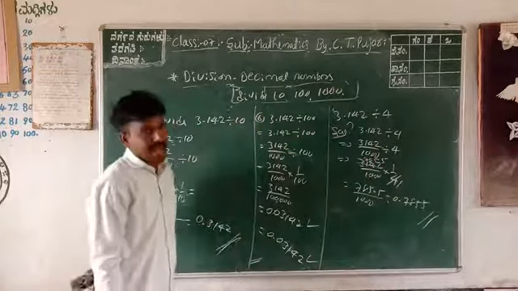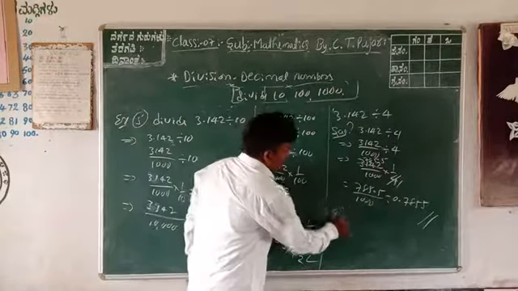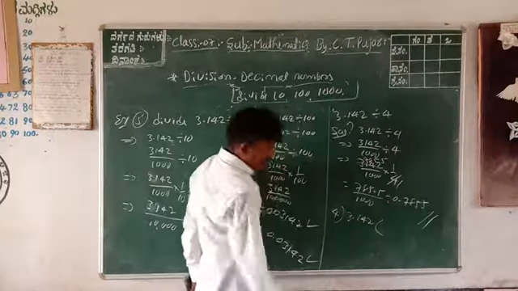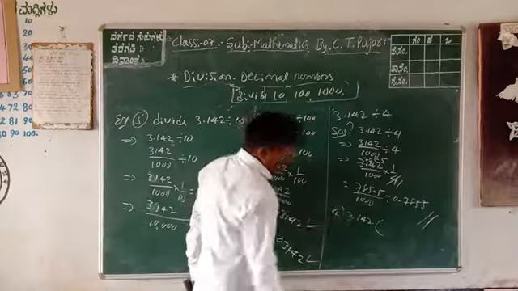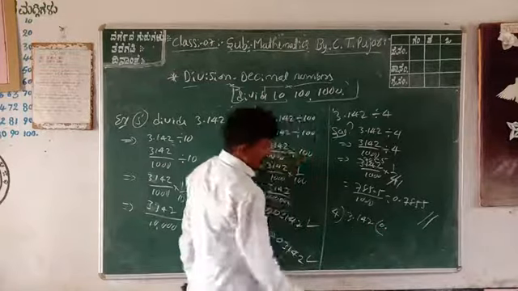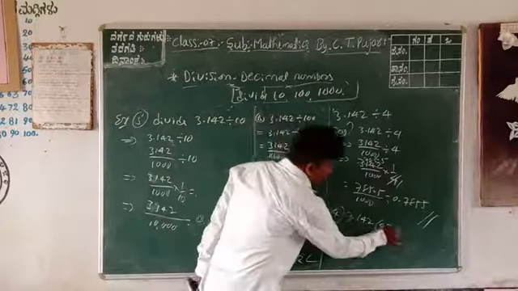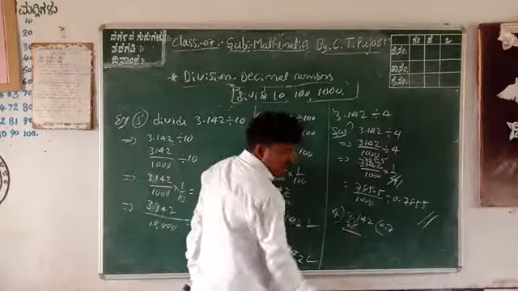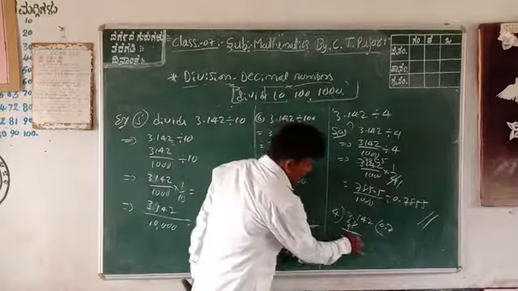Or otherwise, directly: 3142 divided by 4. But 4 does not divide 3, so we take 0.0. 4 sevens are 28. Remaining 1 minus 9, 8 is impossible, so take 3, carry 1.